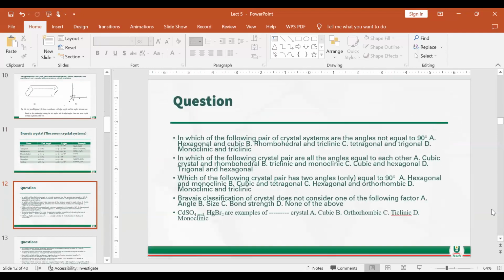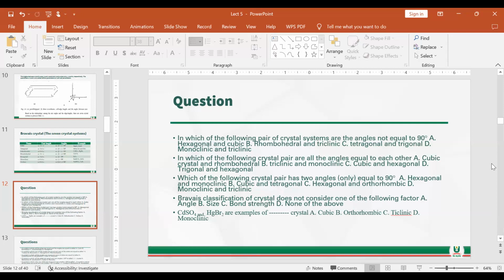So now, in which of the following pairs of crystal systems are the angles not equal to 90 degrees? You can see hexagonal and cubic crystal, and rhombohedral and triclinic. So what is the answer? Rhombohedral and triclinic.